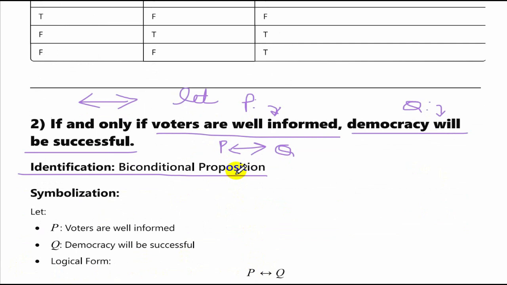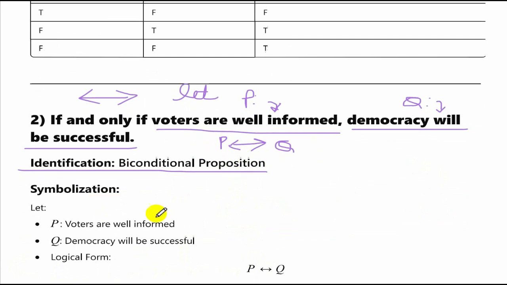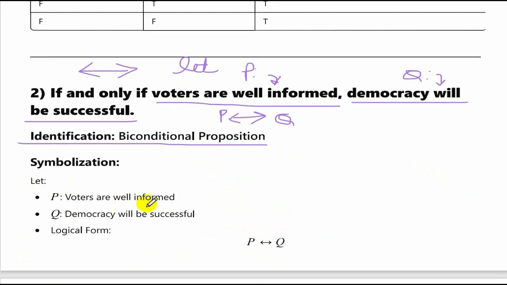We can only come to know this when we symbolize it. Let P be voters are well informed, Q be democracy will be successful. Logical form is P if and only if Q: if and only if voters are well informed, then democracy will be successful.